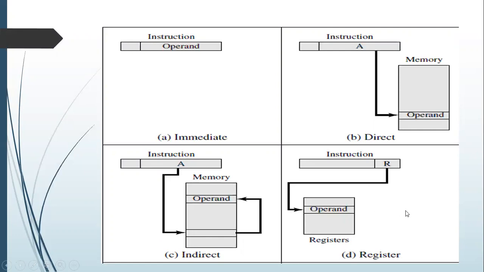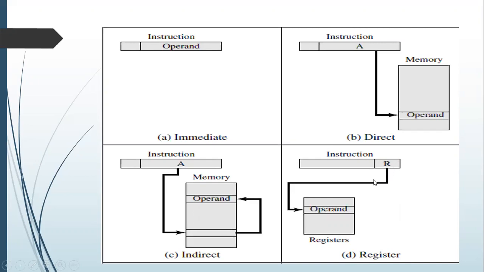Now our next addressing mode is register addressing mode. Sometimes the control doesn't have to go to the main memory. It can directly fetch the operand from its processor registers. From which processor register the operand should be fetched is defined here.